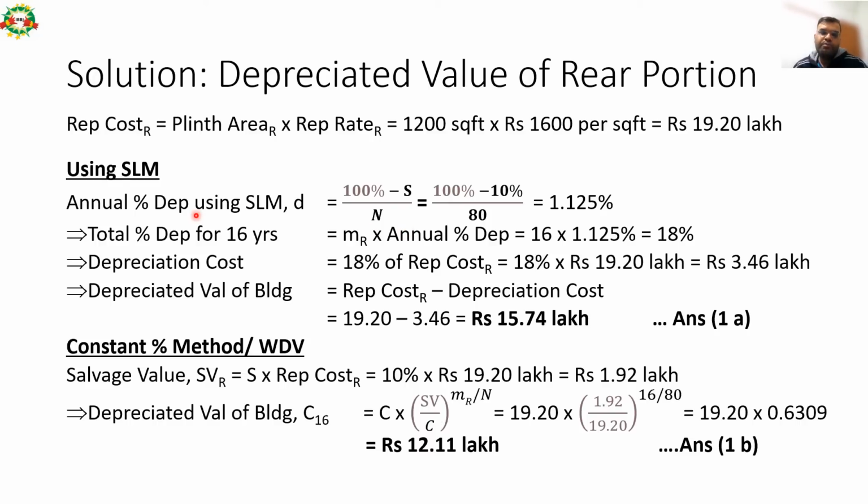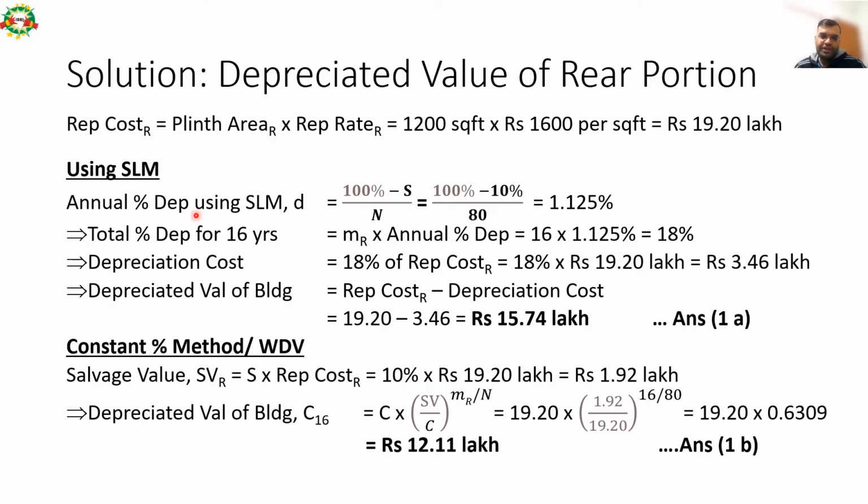So that means 1.125% is the annual depreciation for the rear portion. Since the age of the rear portion is 16 years, 16 years multiplied by the annual depreciation using SLM method, that means 1.125, is equal to 18%, the cumulative depreciation for the rear portion for 16 years.